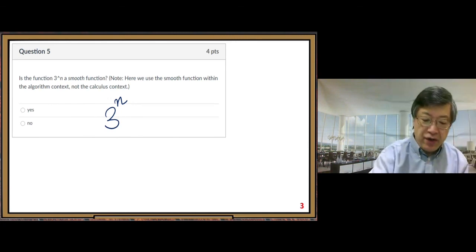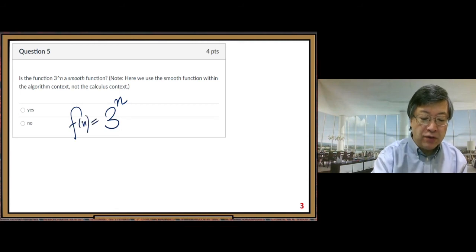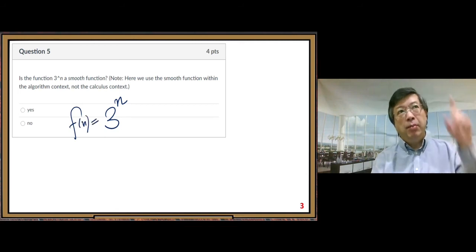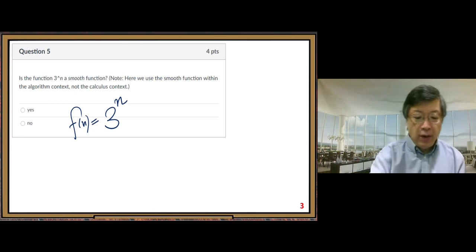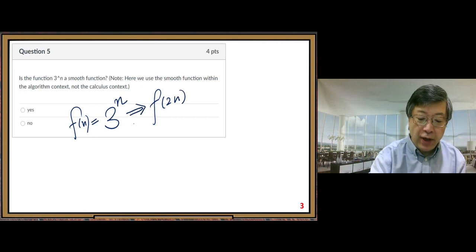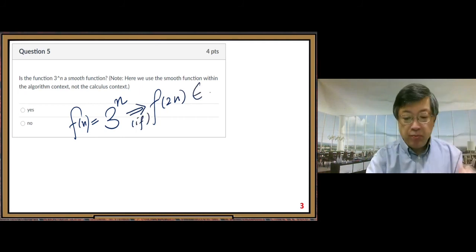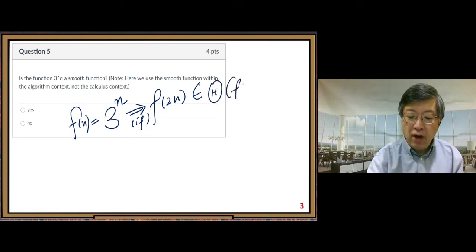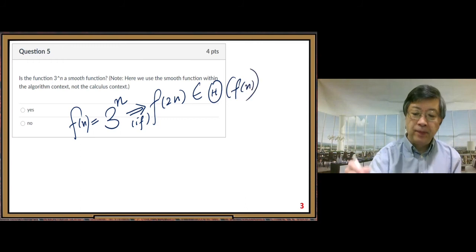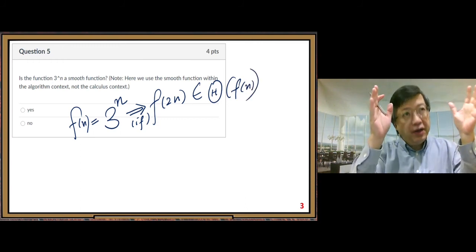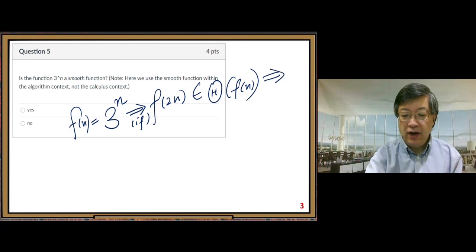The definition is: f of n equals this given function, and if we can show f of 2n belongs to big theta of f of n, then it is a smooth function.